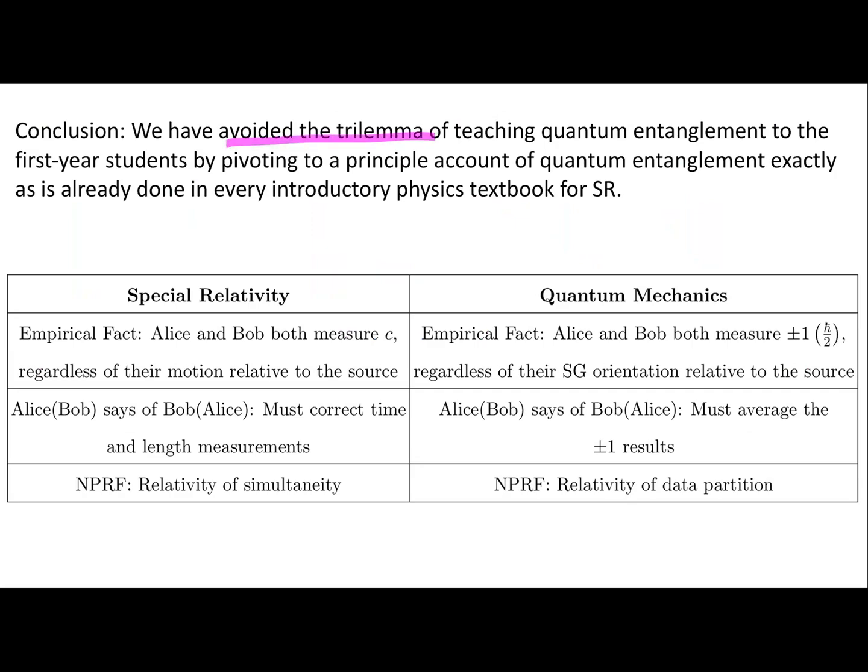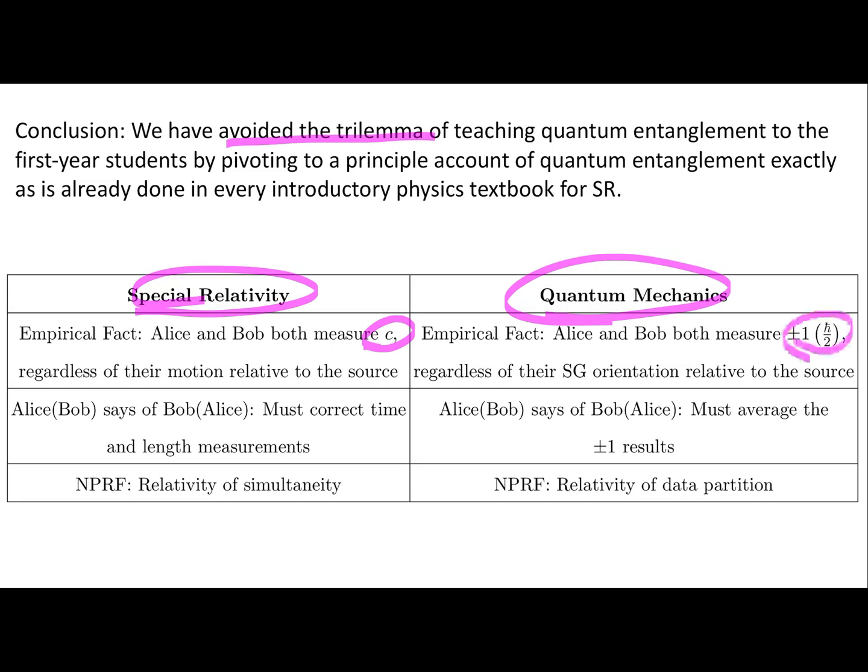So what we have done is avoid the trilemma we pointed out at the beginning by pivoting to a principle explanation of quantum entanglement. We followed special relativity exactly. Special relativity takes no preferred reference frame and applies it to the measurement of the speed of light c. In quantum mechanics, we take no preferred reference frame and apply it to the measurement of Planck's constant h.